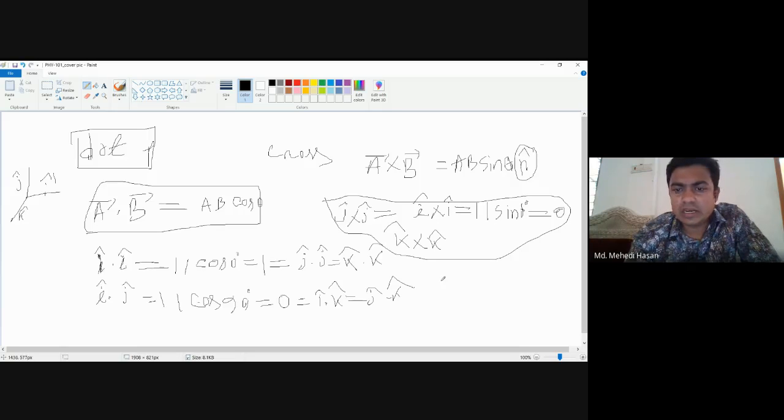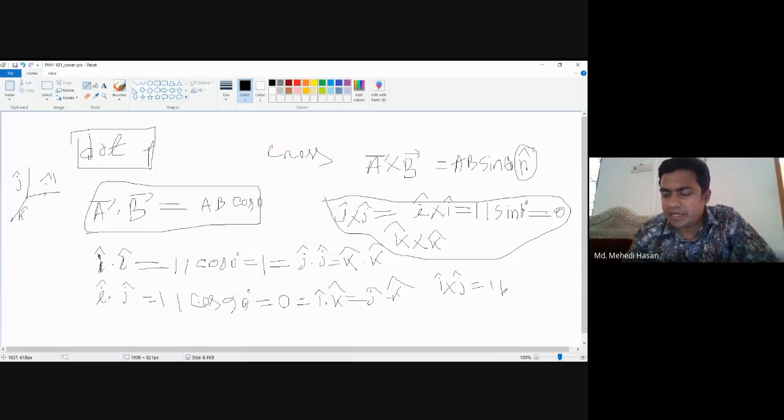Now if we consider different unit vectors in case of cross product, say i cross j, here it is 1 and sin 90 degrees. But there is a unit vector, because the cross product of two vectors is a vector quantity, which is basically the remaining vector, k. And for the direction, you have to follow the right hand rule.